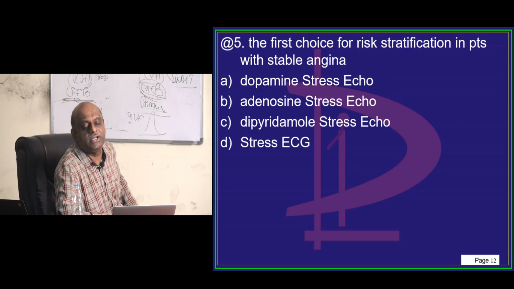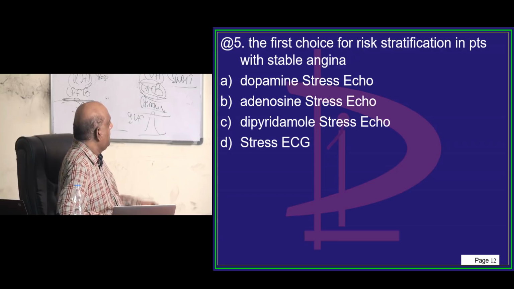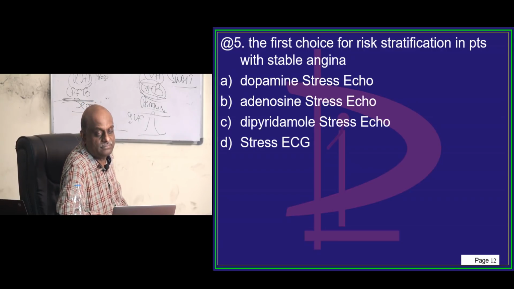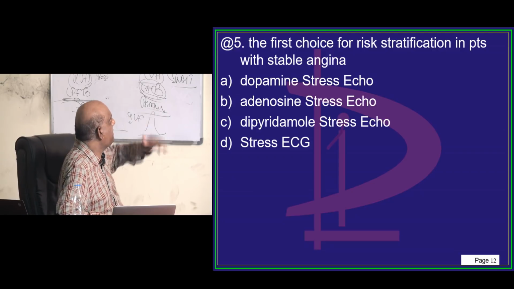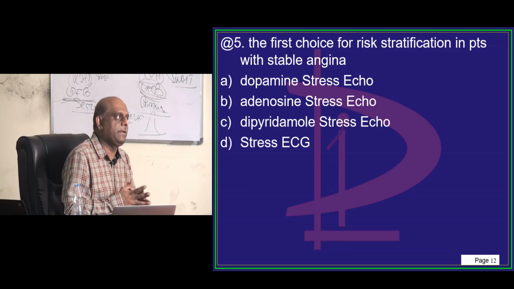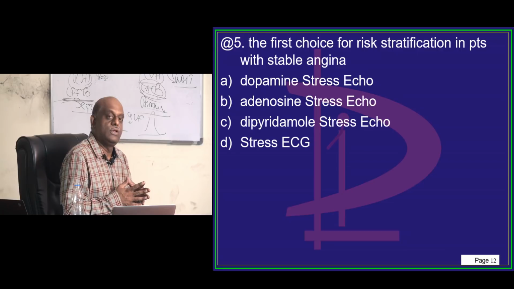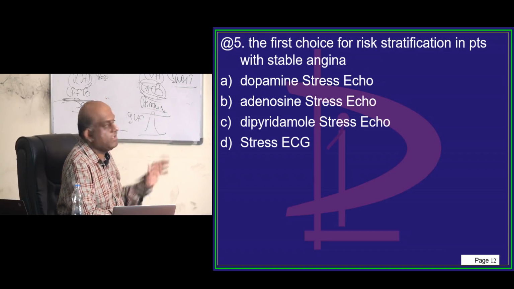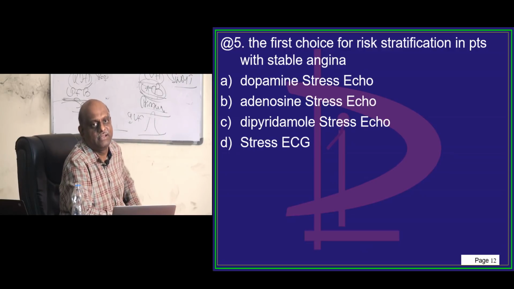The last question for today's evening. The first choice for the risk stratification. Stable angina patients, if a stable angina patient is there, what is the first choice if you want to stratify the risk?